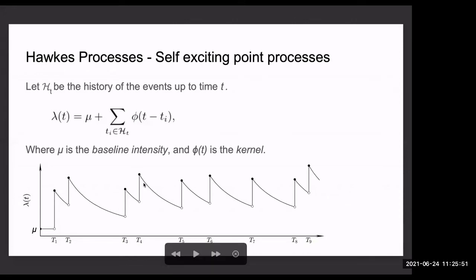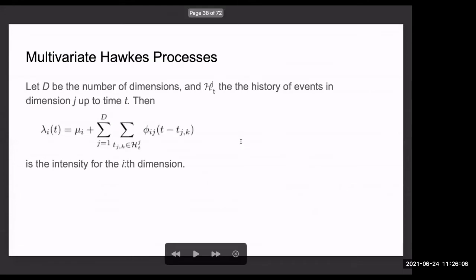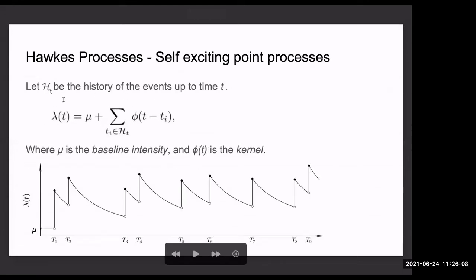So you get this self-exciting loop, basically. This has been used to model earthquakes, where we have aftershocks after an earthquake, and it's also been used in finance. So this is the intensity for a Hawkes process in one dimension.